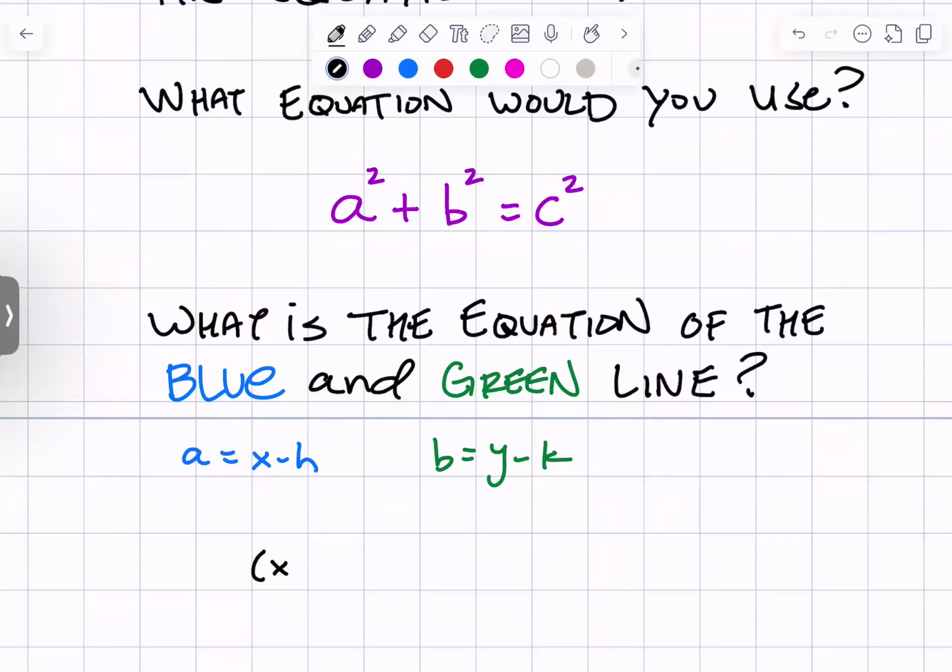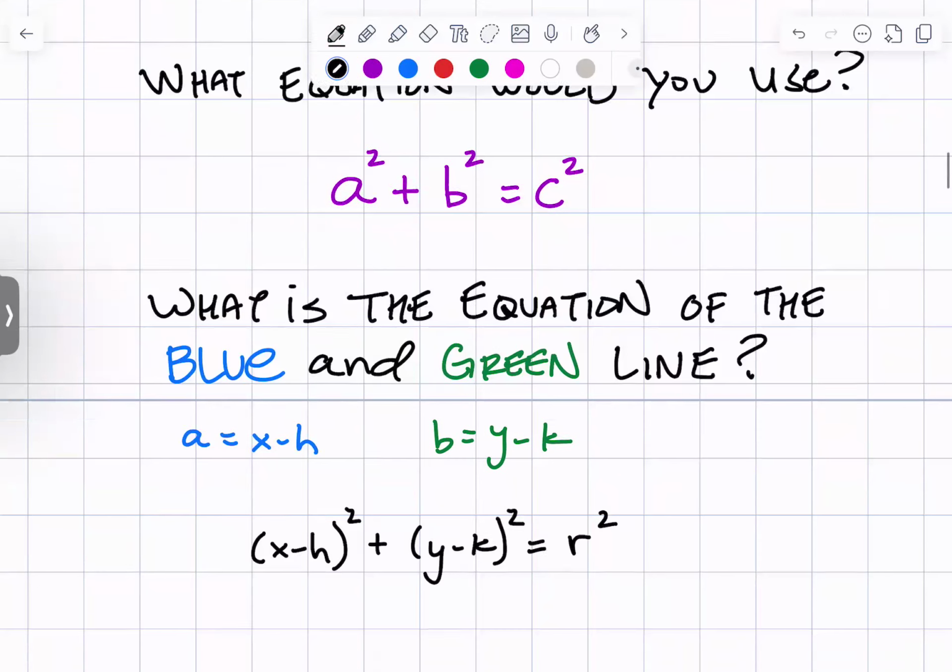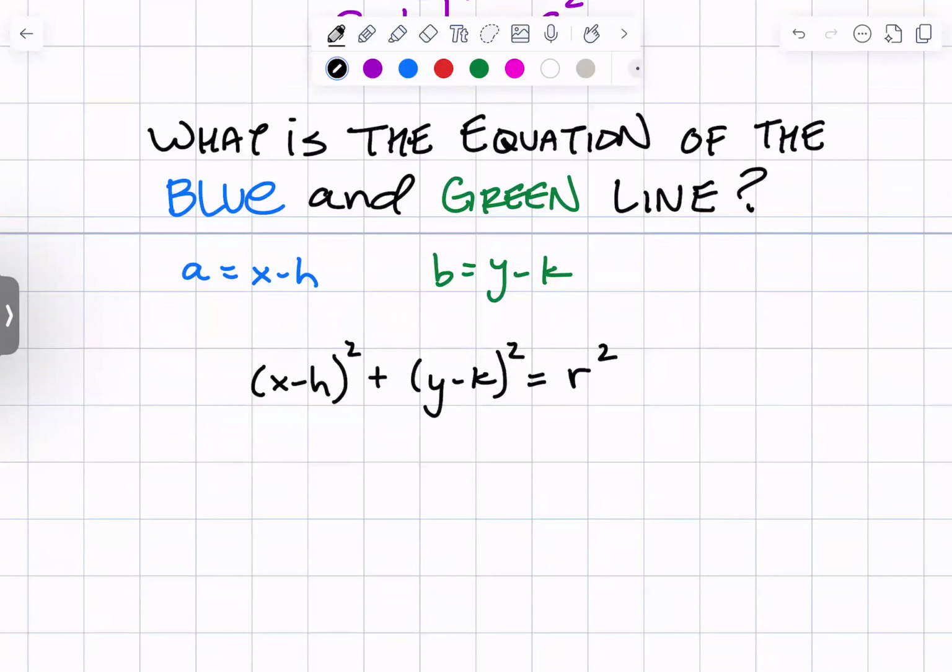So that's going to be X minus H quantity squared plus Y minus K quantity squared equals r squared. This is the equation of the circle.